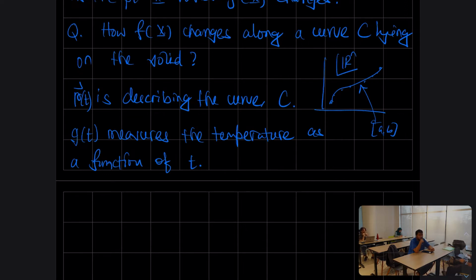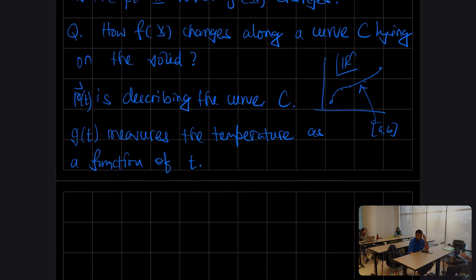And physically, if you think of a physical process, going back to a solid example, R n with x, y, z, or x1, x2, up to xn, they will tell you the coordinates of a point or a curve in a solid.